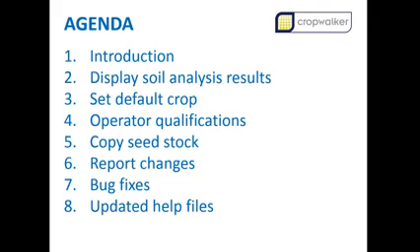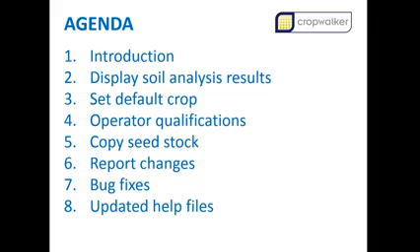Okay, and then we'll look at the main features that came with this release. So first of all, looking at displaying soil analysis results when you're making fertilizer plans, and then setting a default crop. This is a time saver, really making it easy for you if you just grow one or two crops. You can set that default crop so you don't have to select it each time. I'll then look at a way how you can flag up when operators' qualifications and certificates are due to expire.